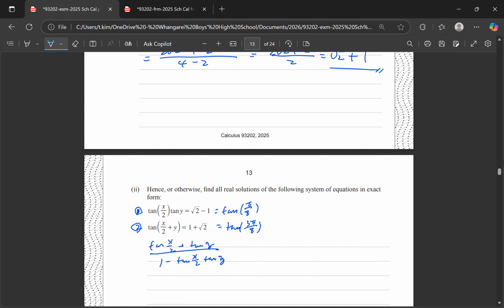And then equals, we know that tan(x/2) + tan y stays the same, but that one at the bottom, tan(x/2) tan y, is tan(π/8).